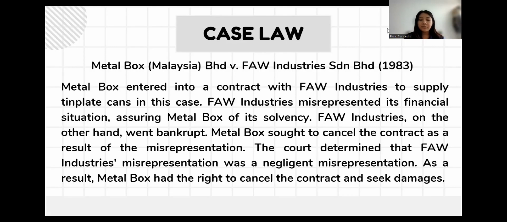However, after entering into the contract, they found out that FAW Industry went into liquidation, indicating that its financial situation was not as what they represented from the beginning. So Metal Box was being misled by them, and they wanted to cancel the contract and claim for damages for the loss suffered as a result.